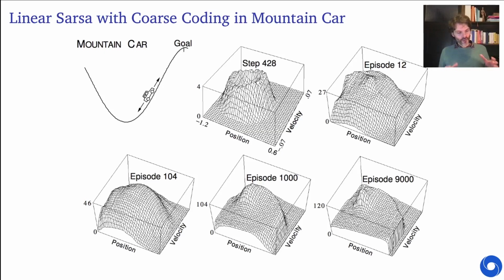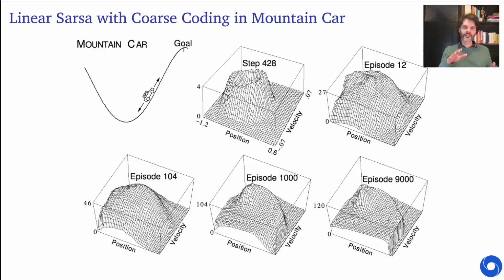Alternatively, you could also cut it up into larger squares, but then have multiple of those overlapping. This is similar to what we talked about for coarse coding, where instead of being in one of these squares, you could be in multiple squares at the same time. One such discretization of the state space we could call a tiling of the state space.